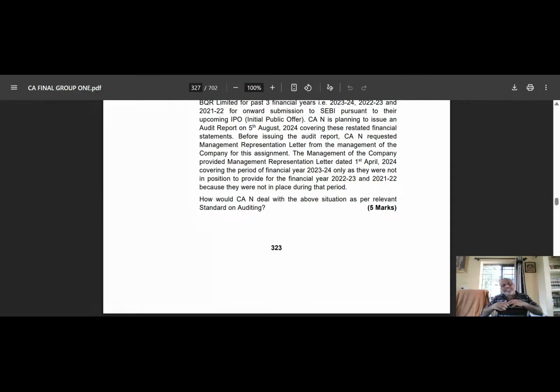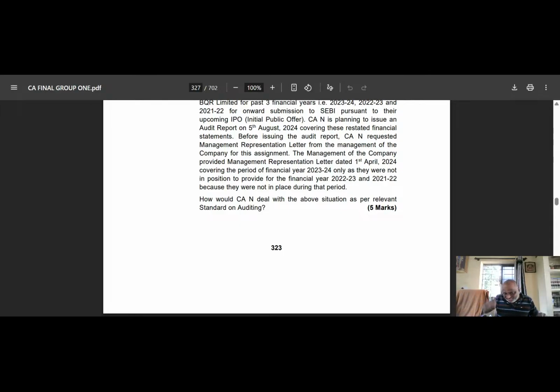As per SA 580, written representation is necessary audit evidence. The auditor's opinion cannot be expressed, and the auditor's report cannot be dated, before the date of the written representation.